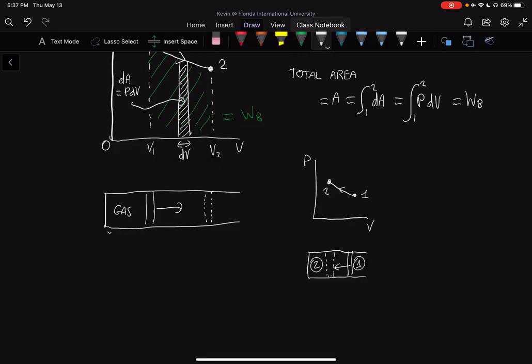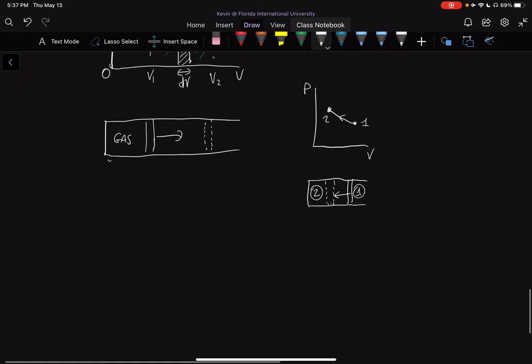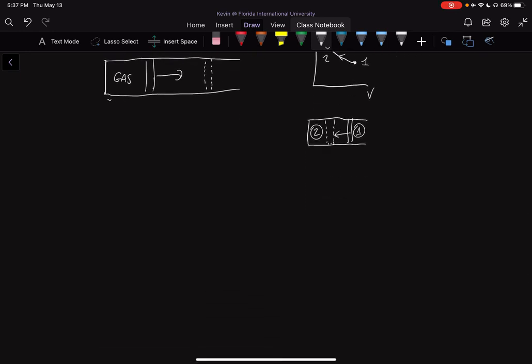Now, what if we look at different paths that the system could take. So let's say that we have pressure versus volume, and now we have point 1. How do we know the shape that the path is going to take? We don't really know the shape, right?